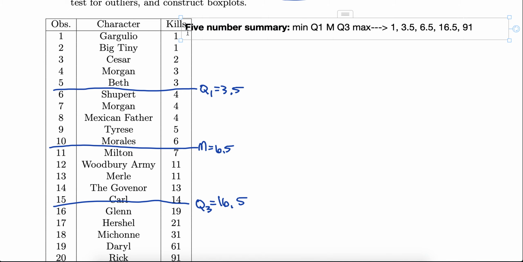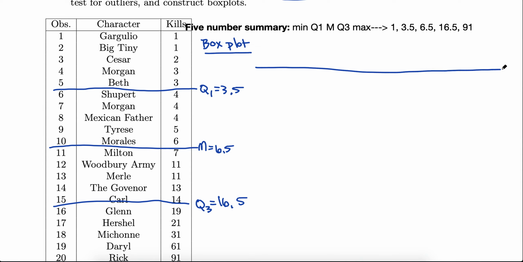Now that we have our 5-number summary, let's come up with a quick sketch to get a feel for this. Again, some of these topics should sound familiar. You've probably seen them before. But let's go ahead and draw our box plot for this. So when you draw your box plot, make sure you always draw your scale first. Don't try and put these numbers on it first.